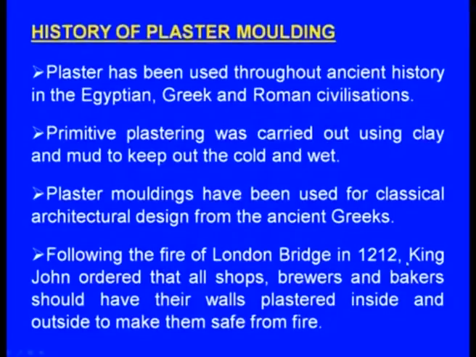Following the fire of London Bridge in the year 1212, King John ordered that all shops, brewers and bakers should have their walls plastered inside and outside to make them safe from fire. So, from this we can see plaster has been used for centuries for several purposes.